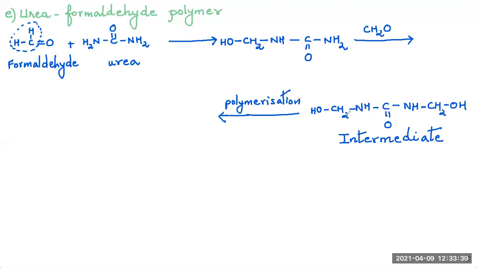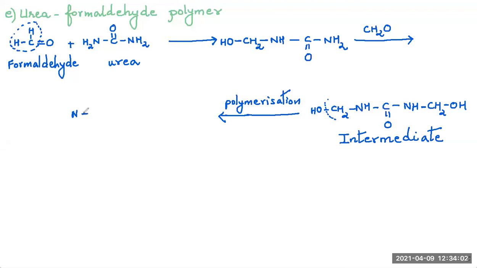Now see what happens. This is eliminated in the form of water with the adjacent molecule. One OH and H goes. So how is the bonding formed?